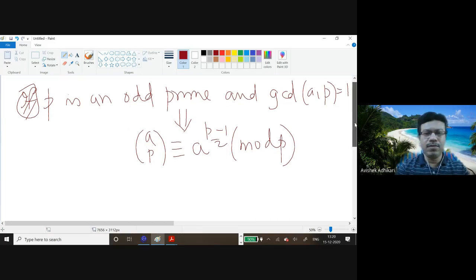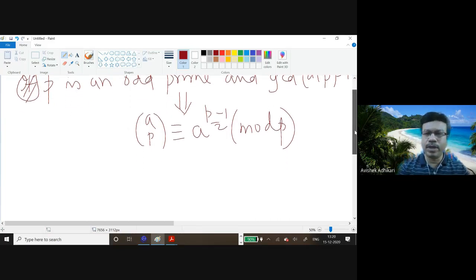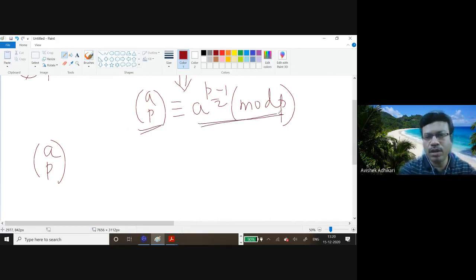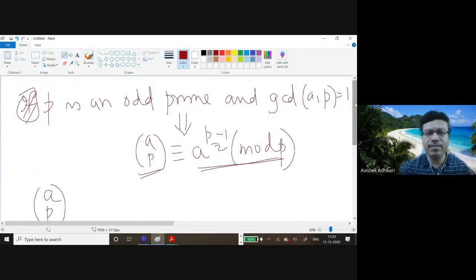Another thing is this Legendre symbol value (a/P). Here I need to calculate two things. If P is prime, then this happens.